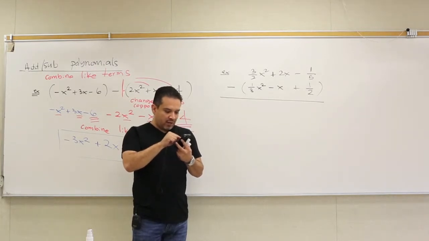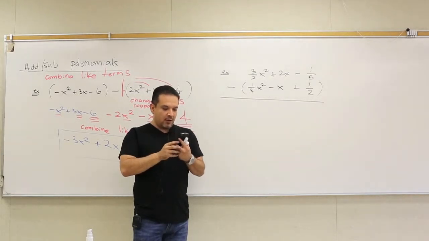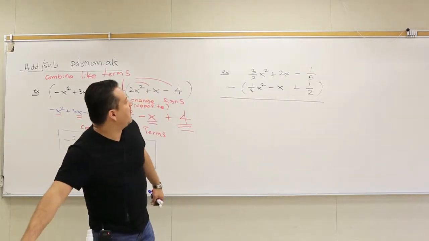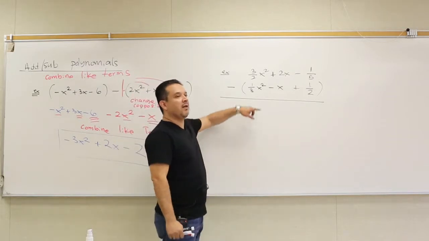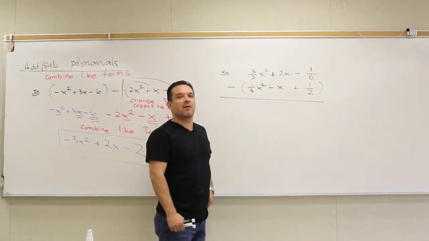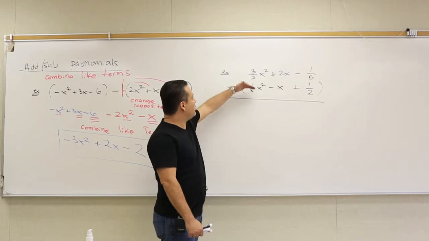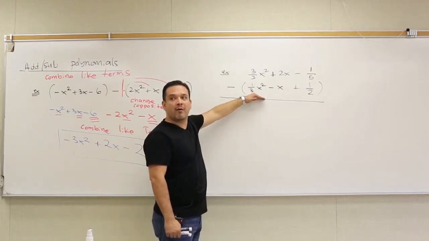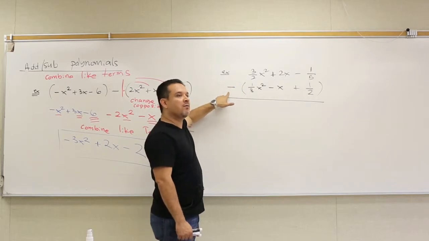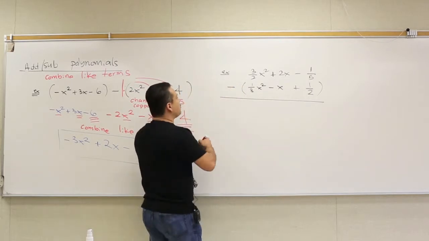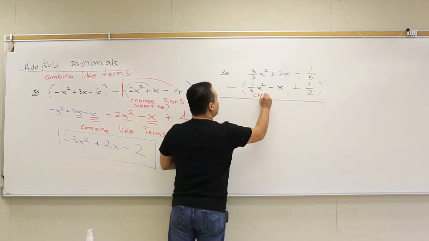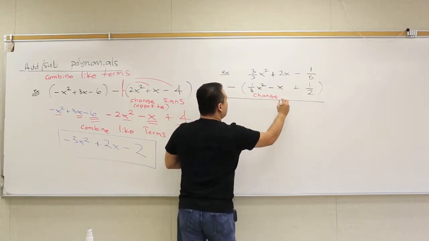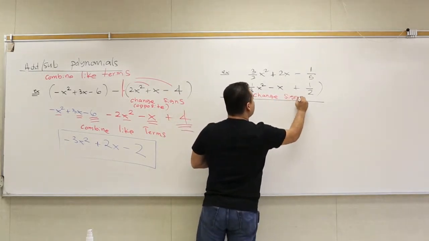The question is, what does this mean? Here's the top polynomial, here's the bottom polynomial, and you're supposed to subtract them. In other words, change the signs here to the opposite signs.